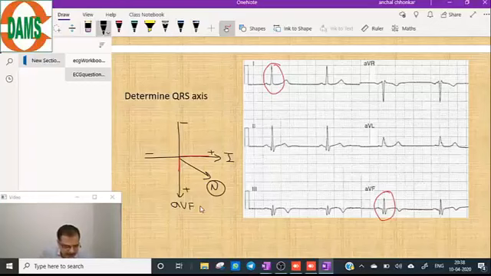Yes, very nice. It is a normal axis deviation.